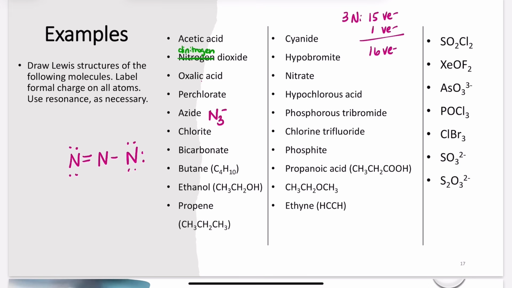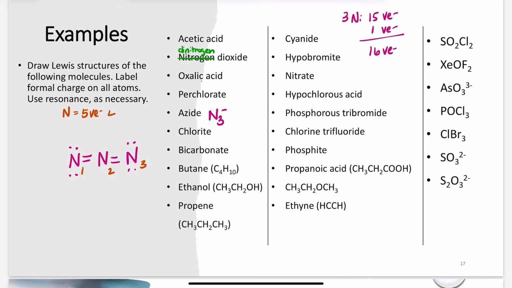Well, I could take the pair right here, take a lone pair here, make this, right? Still doesn't have an octet. Could take a lone pair here and do this. Now the central atom has its octet. Let's check formal charge. We're going to call this N1, N2, and N3.